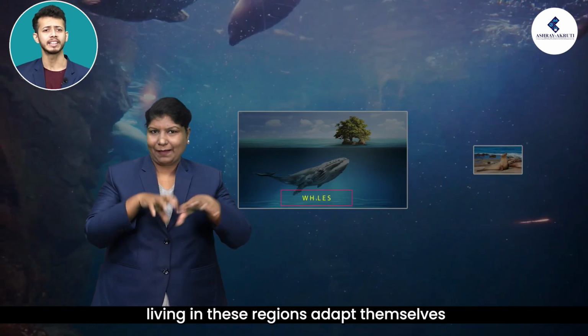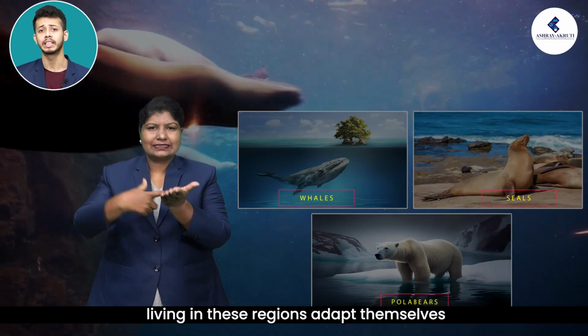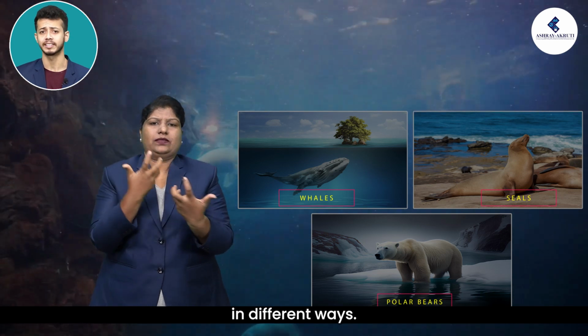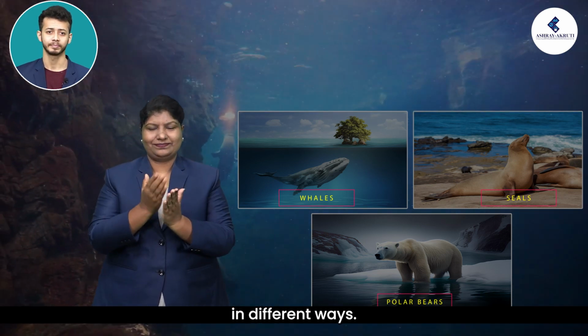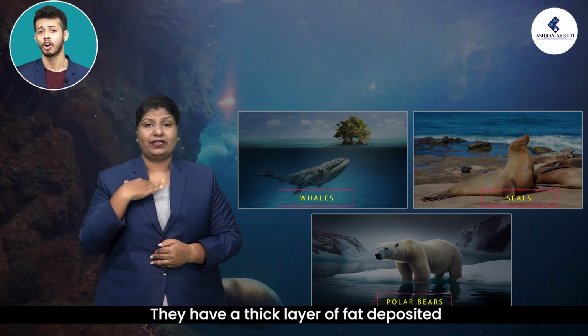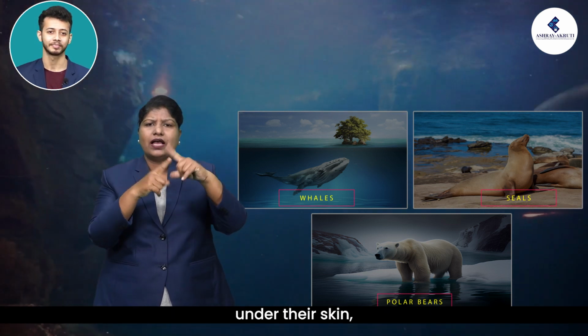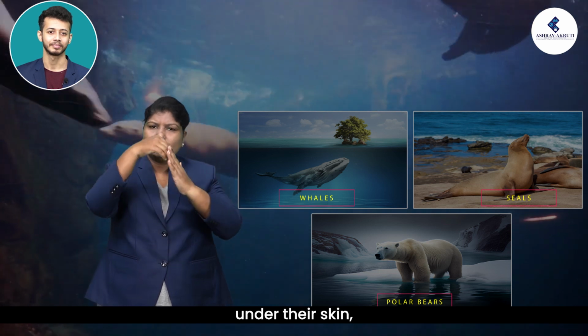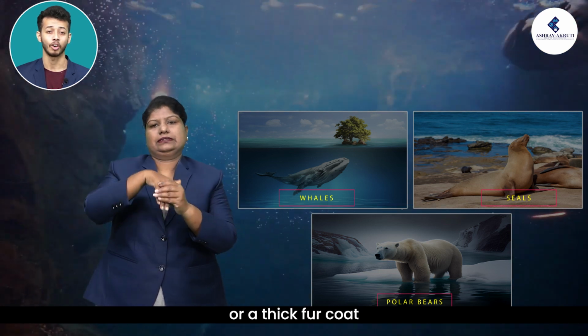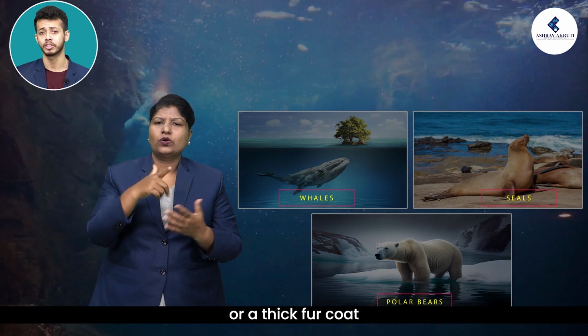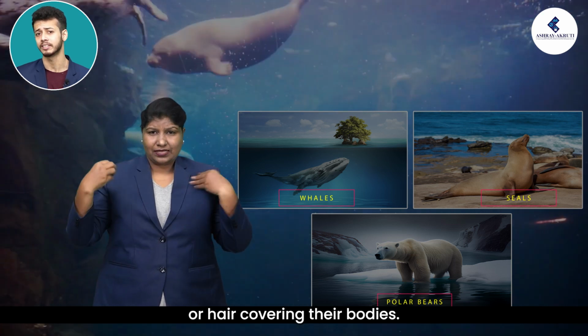Animals living in these regions adapt themselves in different ways. They have a thick layer of fat deposited under their skin, or a thick fur coat or hair covering their bodies.